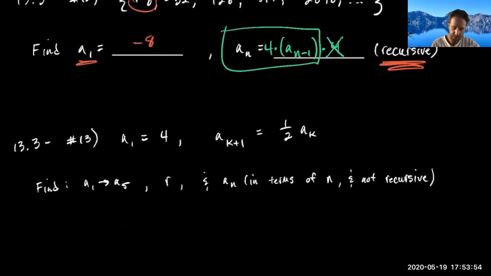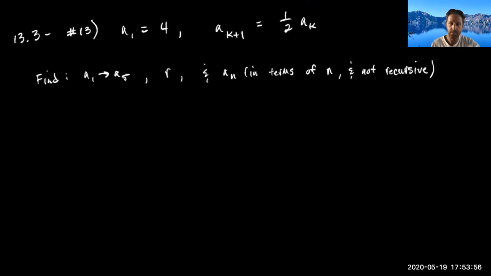Okay, pretty straightforward there. Last one I wanted to talk to you about is a little bit more difficult because it has variables involved, and more variables than normal. So they are now giving us our first term, it's 4. But then they're telling us how to find the k plus 1 term. Now, whether they write a sub n or a sub k, don't let that throw you.